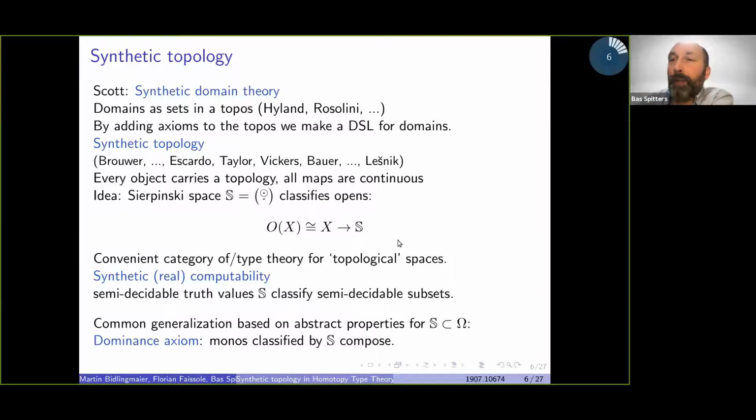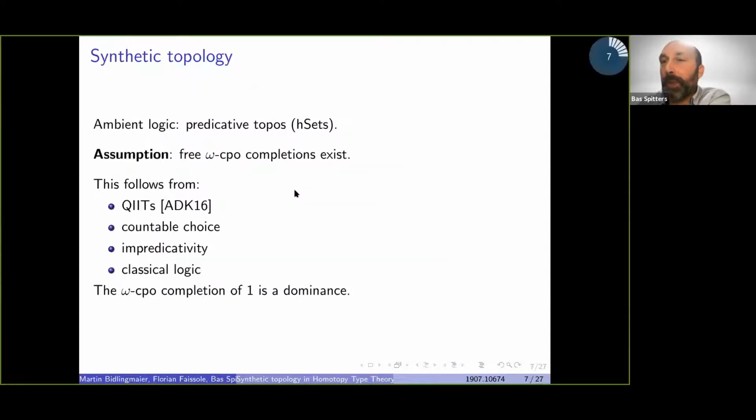And then it will look a bit like the picture of the Sierpinski space that we have here. So we have an open point and a closed point. It's just that the topological spaces that are related to this will be more countable.